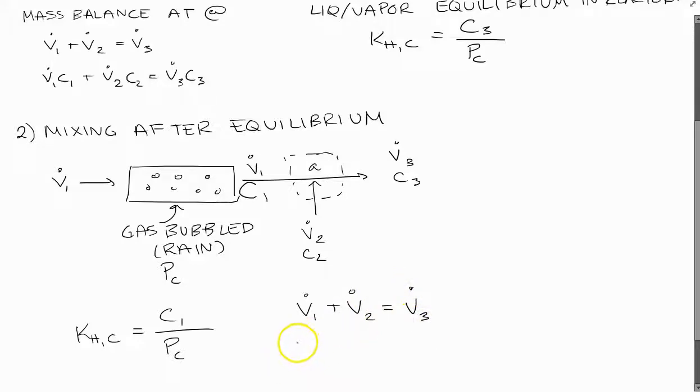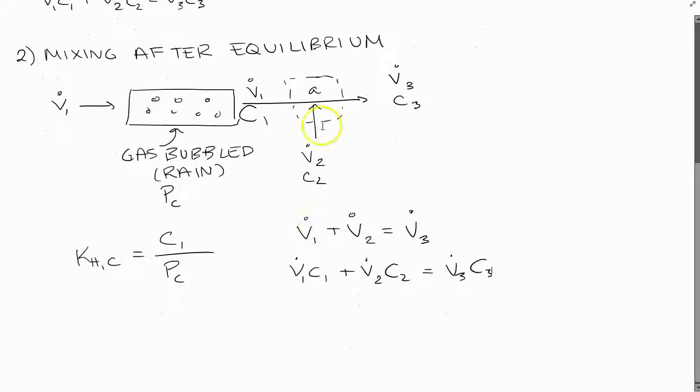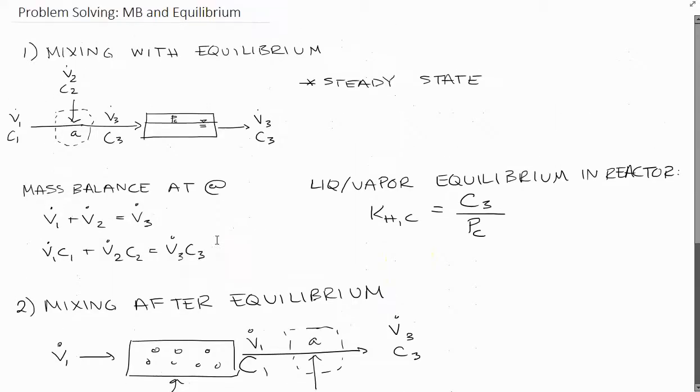And then do concentration, or whatever C happens to be. Okay, so a similar situation to our first example, but we have mixing afterwards. You'll see that a lot of the equations are the same as we had in one.